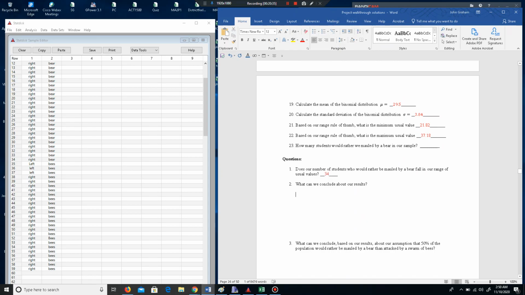And this is not unexpected, given that it falls in our usual range between 21.82 and 37.18. Alright, it's a little bit towards the high end.